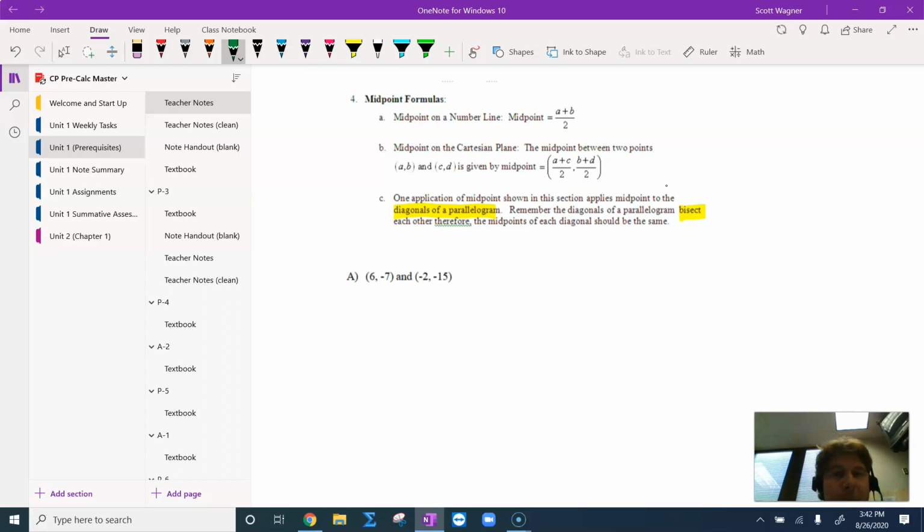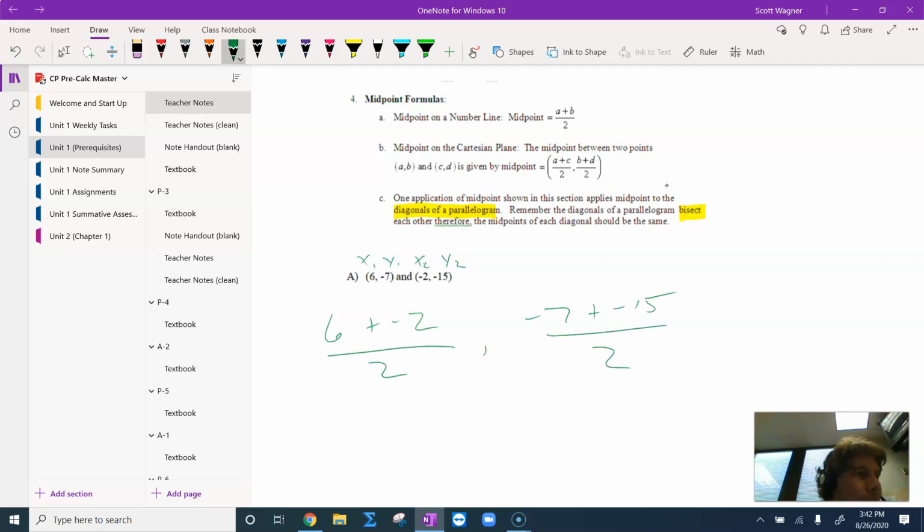So find the midpoint of 6, negative 7, and negative 2, negative 15. Maybe you might want to label these as x1, y1, x2, y2. You add the x's together, so we've got 6 plus a negative 2, and then divide by 2. You add the y values together, negative 7 plus negative 15, and then divide by 2.